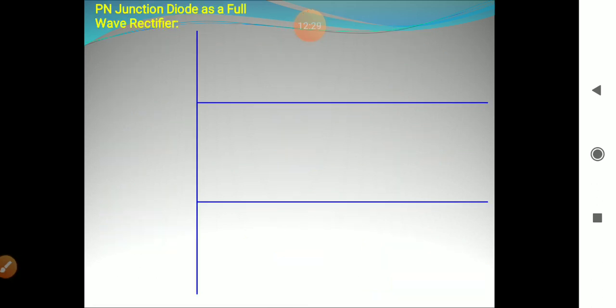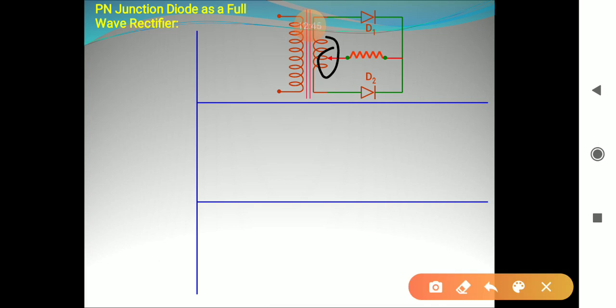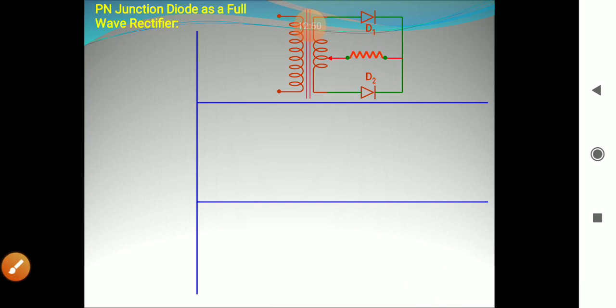Now let's talk about PN junction diode as a full wave rectifier. Here we use two diodes in parallel and a center tapping is used. This is the center tapping. When D1 is forward biased, D2 will be reverse biased and vice versa.